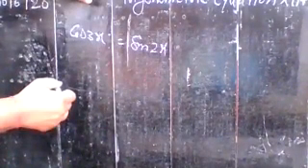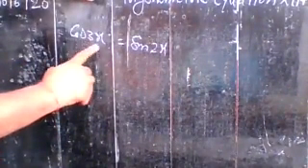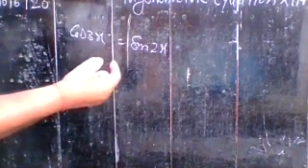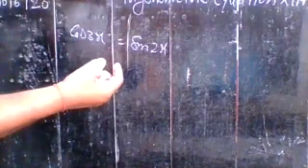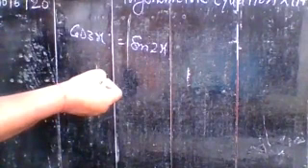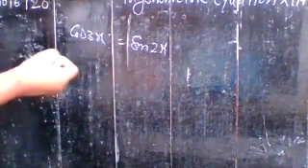So what do you do? Here you have cos 3x, so your right side should also be a function of cos. So you have to convert it. So how do you convert it? You well know that when allied angles of pi by 2 are applied here, sine changes into cos.